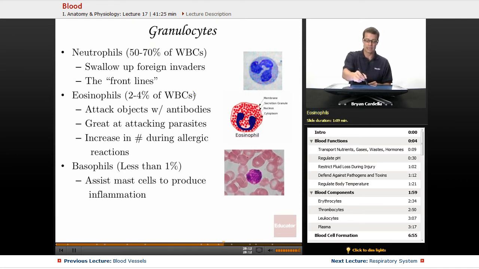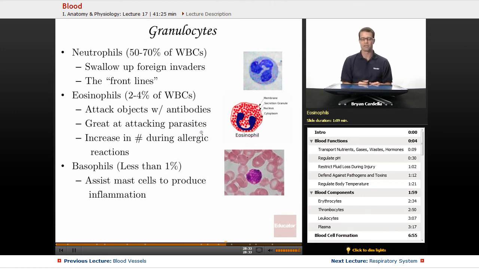Eosinophils, a lot less, 2 to 4% of white blood cells. They attack objects with antibodies. If antibodies, these globular proteins, have been attached to a certain bacterium, eosinophils notice it. It's got antibodies on it as a marker, and they go and eat it up. They're great at attacking parasites.